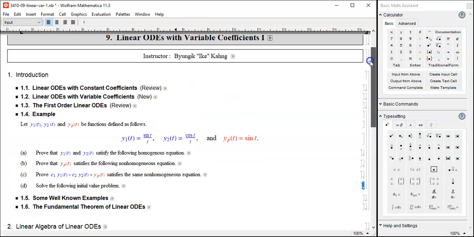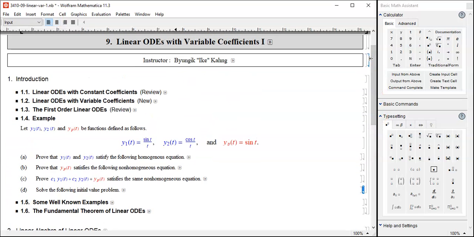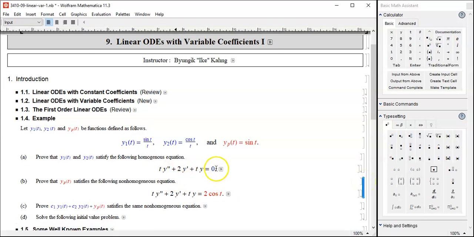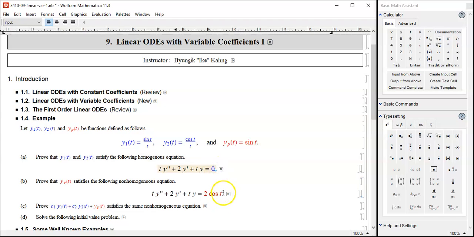So let's come back to this example. It was a nice example in the sense that we just discussed a linear equation with variable coefficients. We have t expressions here, homogeneous case and non-homogeneous case.